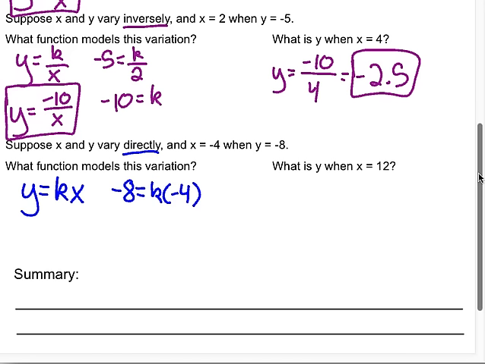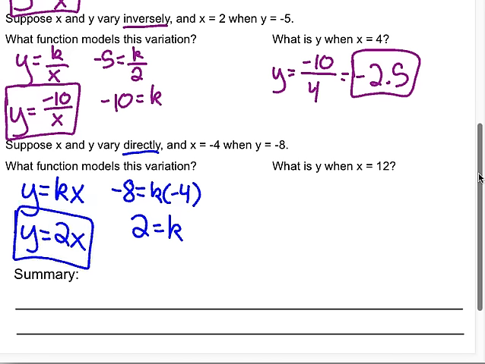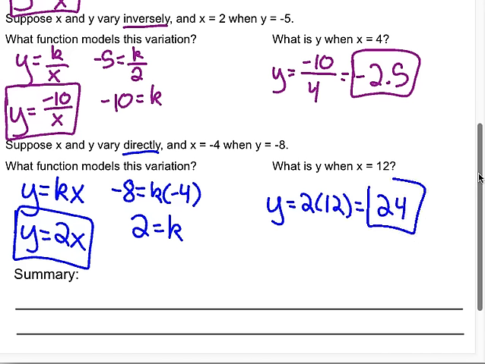Well, divide off that negative 4. You'll get that k is 2. So my actual equation is y equals 2x. Then for the last piece, what is y when x is 12? All you have to do is plug it in, and y is going to be 24.